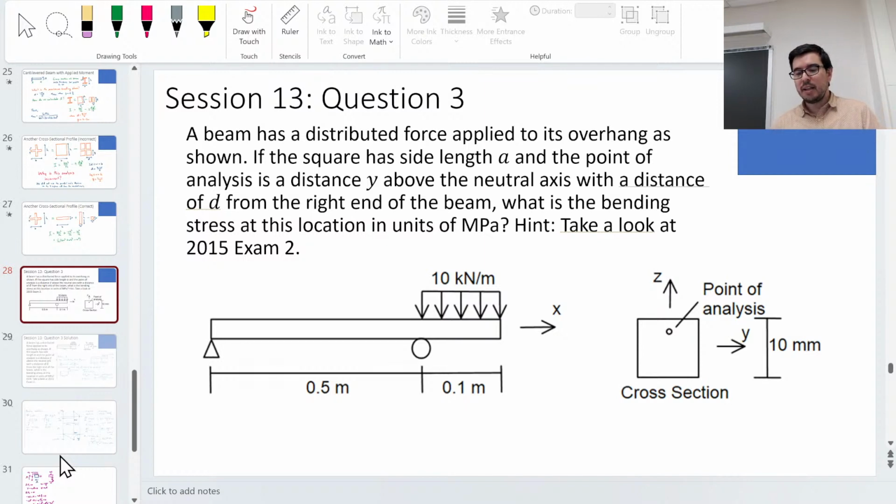Now, there are a couple ways to take a look at what the bending stress is in this region, okay? One is to move from the left and go to the right and account for these reaction moments and do the whole thing out, which is what you'll see if you look at exam 2 from 2015.